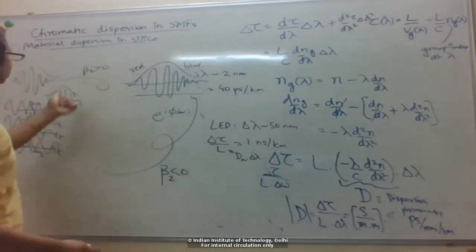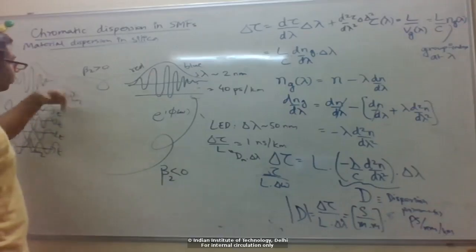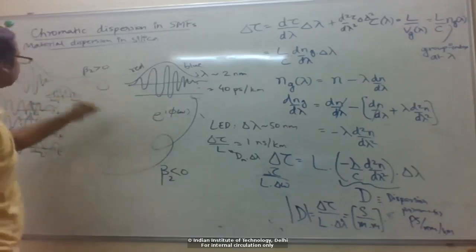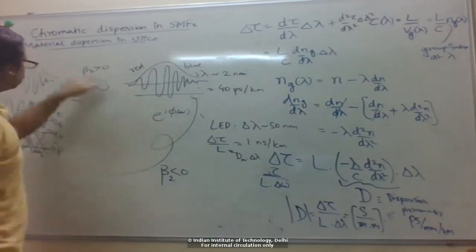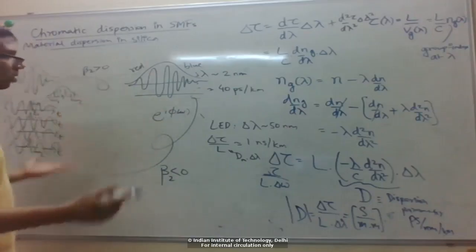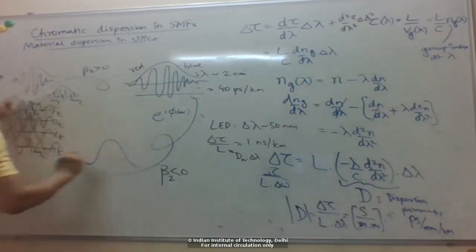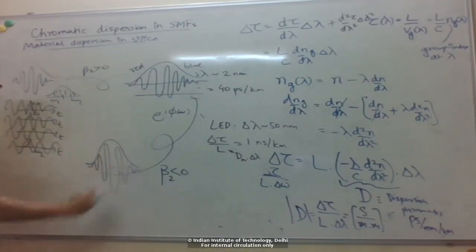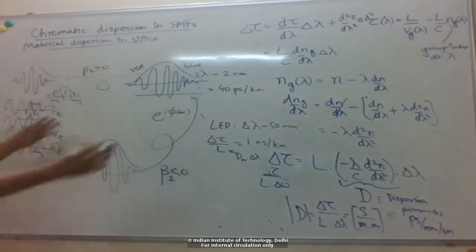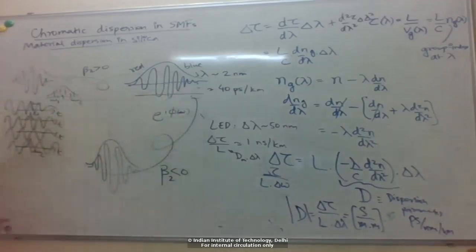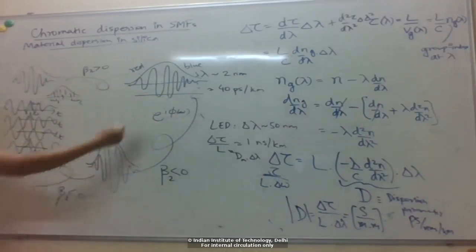If you design the length and the GVD coefficient to be of the right value, then at some point you will get this pulse back, because red and blue will again catch up together. If you propagate further in the same fiber, then blue will overtake red, and it will broaden again.